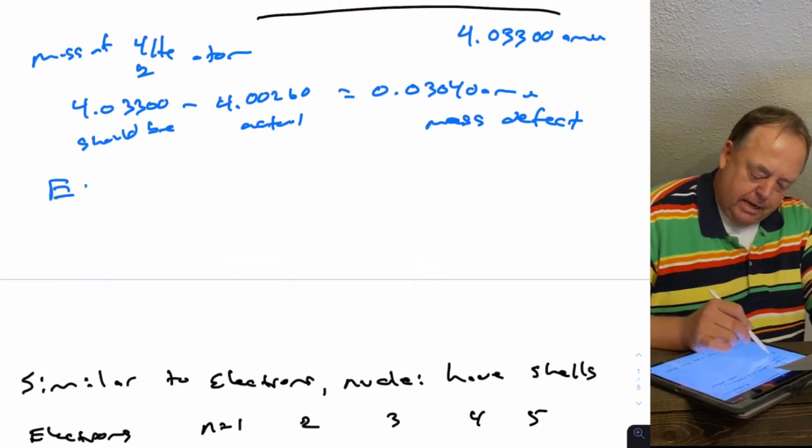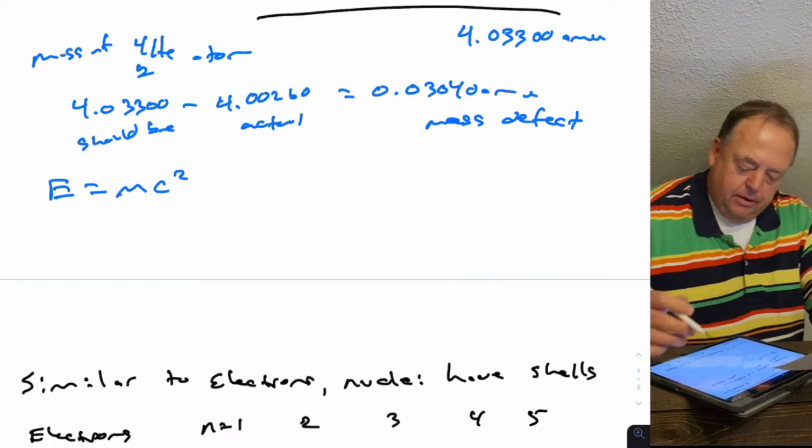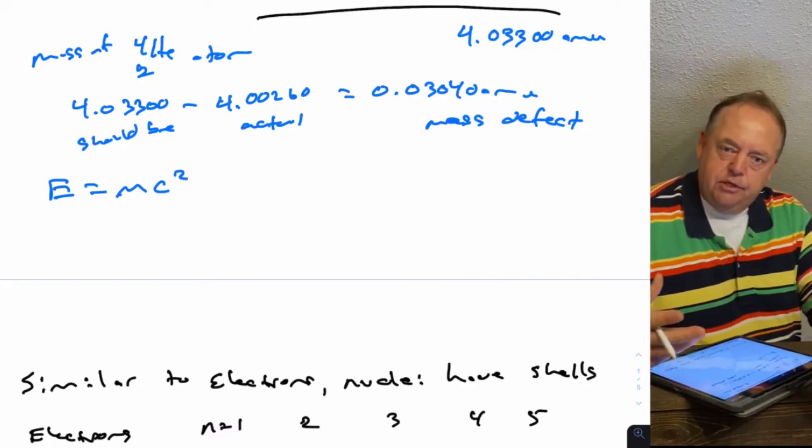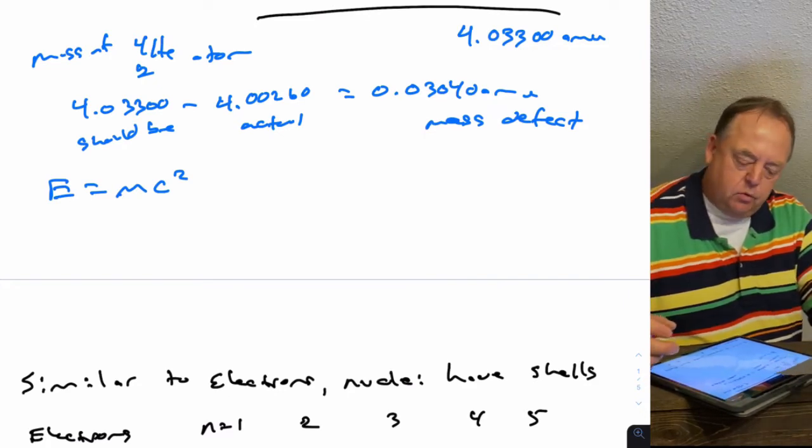Well, according to Einstein, mass can be converted to energy, and so E equals mc squared.